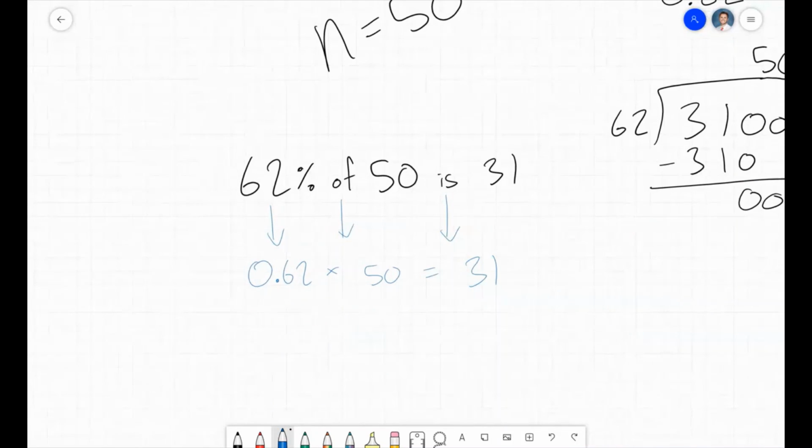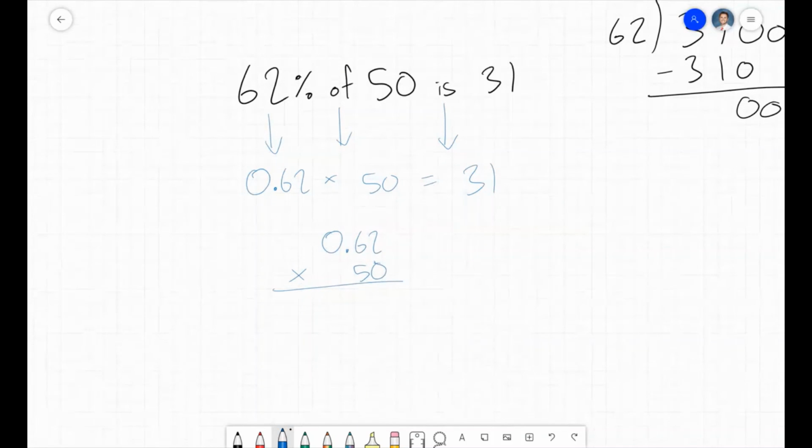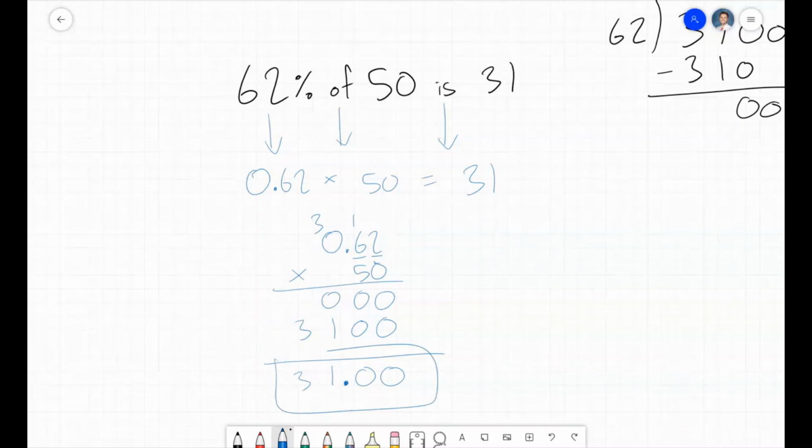So let's check that 0.62 times 50 equals 31. 0 times 2 is 0, 0 times 6 is 0, 0 times 0 is 0. 5 times 2 is 10. 5 times 6 is 30, plus 1 is 31, and 5 times 0 plus 3 is 3. We have 2 numbers to the right of our decimal point, so we would get 31, which is indeed correct. So that's a look at how we can do some percent problems.